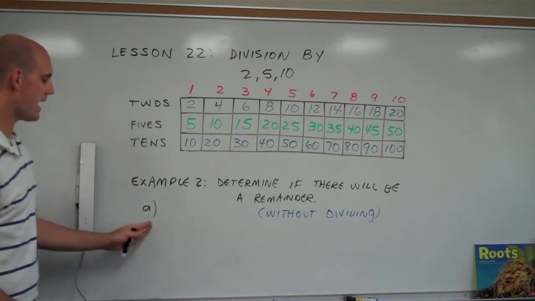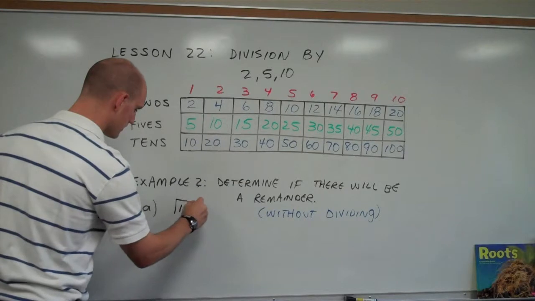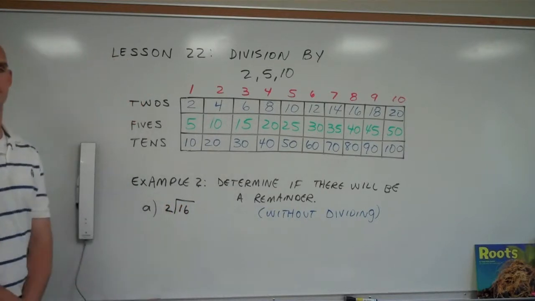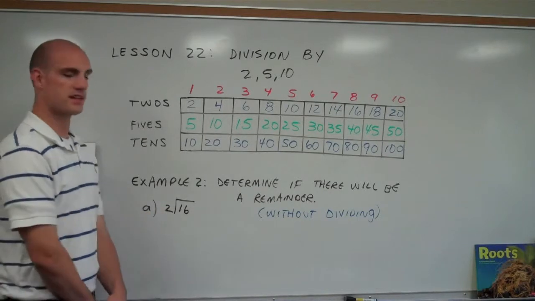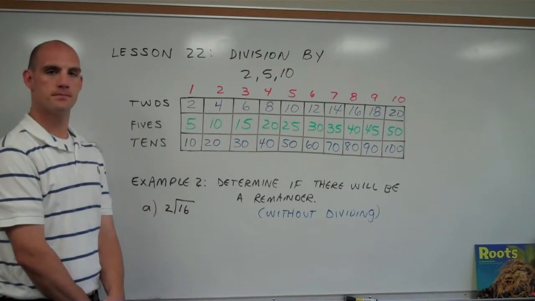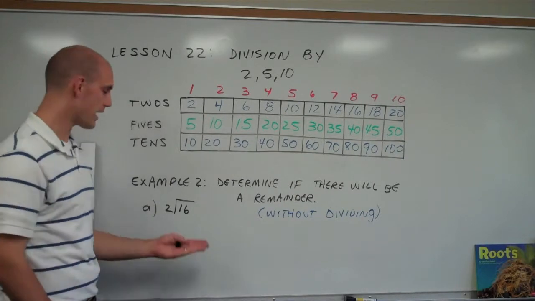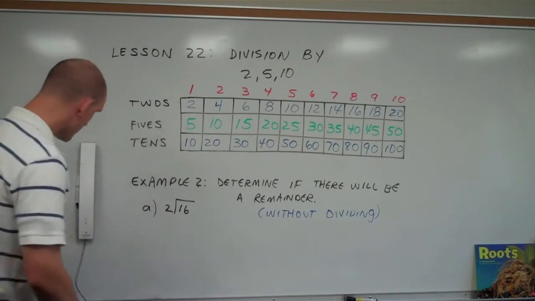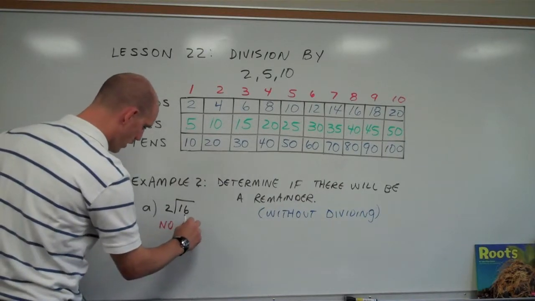So in example A, we're going to have 16 divided by 2. What do you think? Will there be a remainder if we divide 16 by 2? Try not to use your chart. That's right. It's an even number. So we can say no. No remainder.